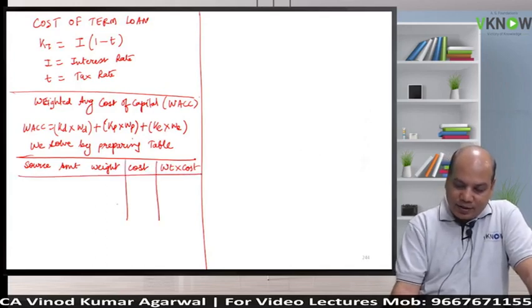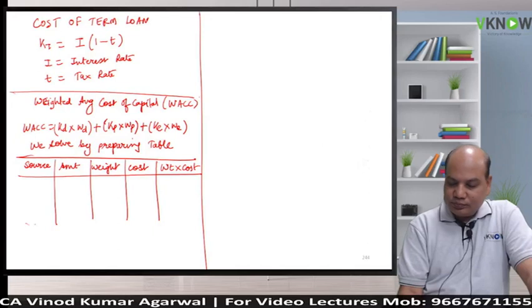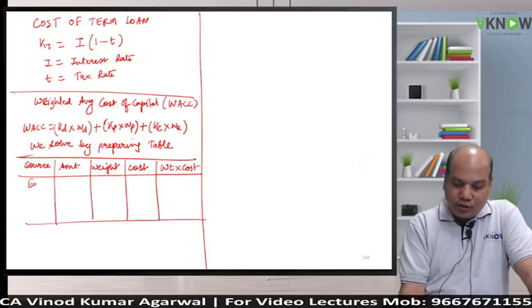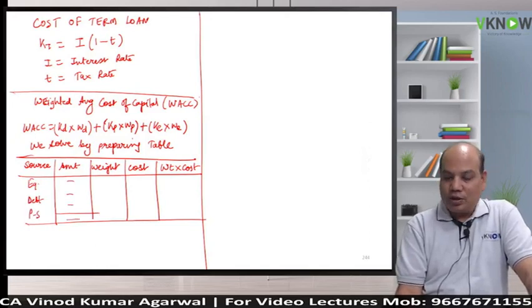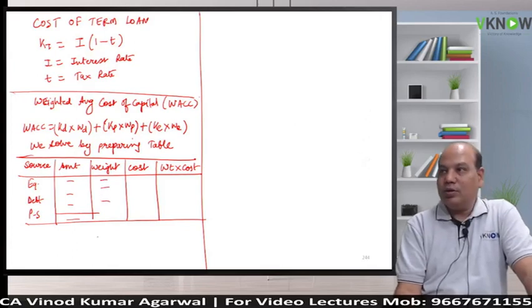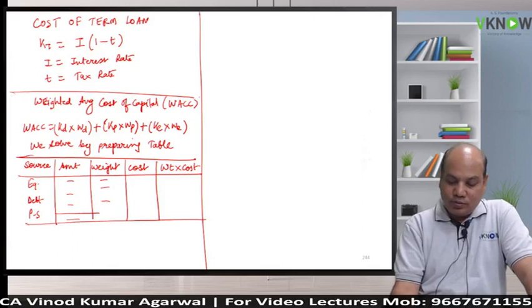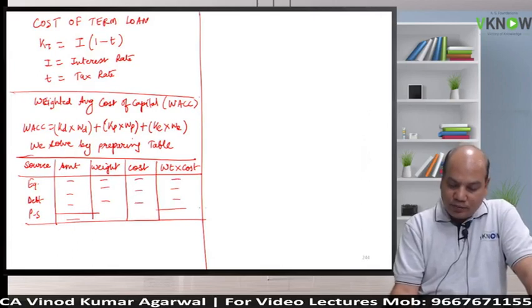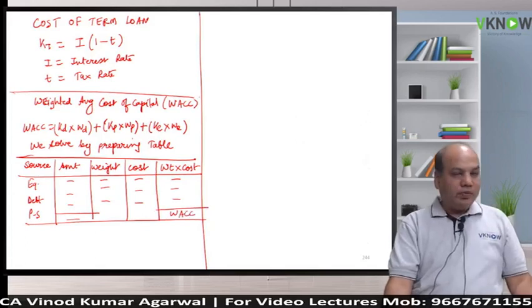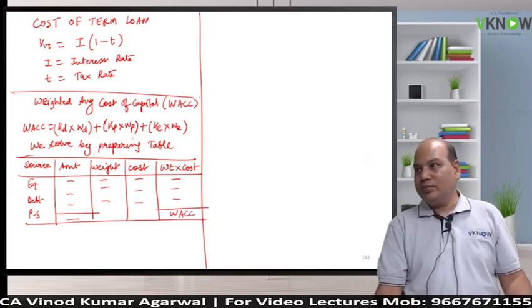Highly tested in the exam. In source, whatever source they have given: equity, debenture, preference share. Write amount, take total. Amount of equity divided by total is weight of equity. Write cost, multiply. This total is called weighted average cost of capital. Is it right?